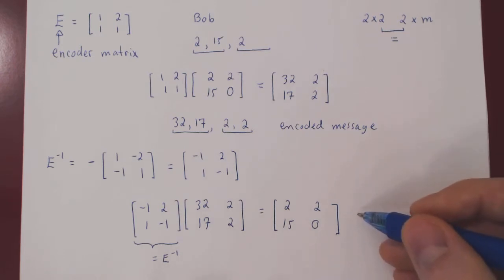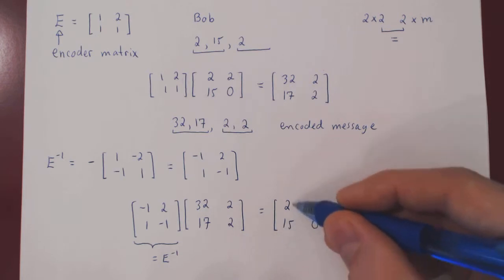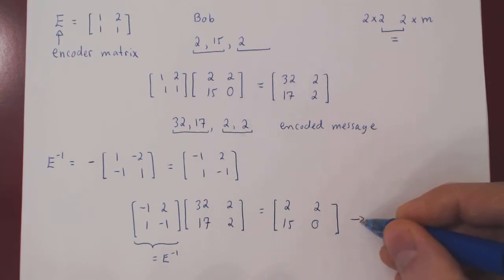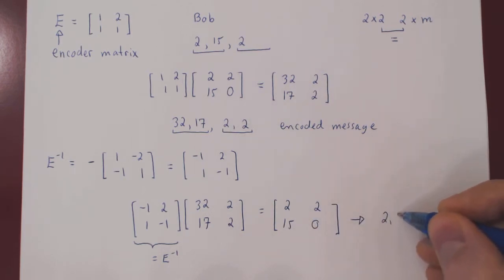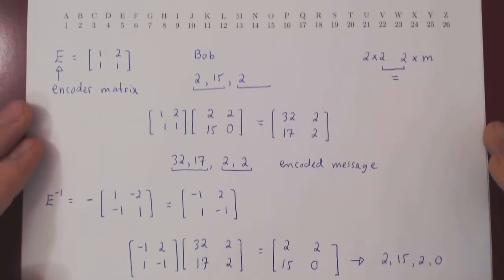And so now if we go back to the message as a string of characters, the first column becomes the first string of 2 characters, so 215. The second column becomes the second string of characters, 20. And now we can convert back into an actual letter message.